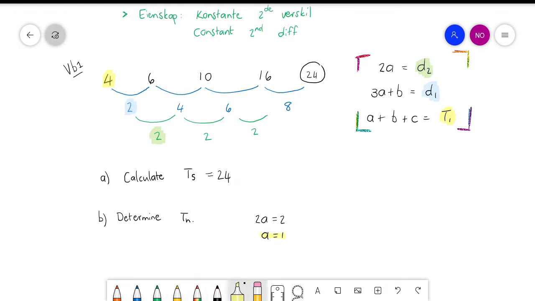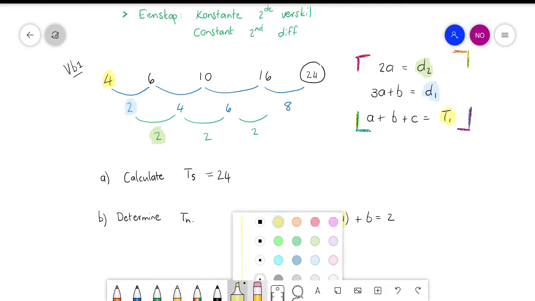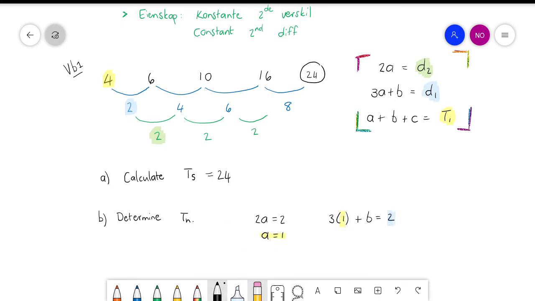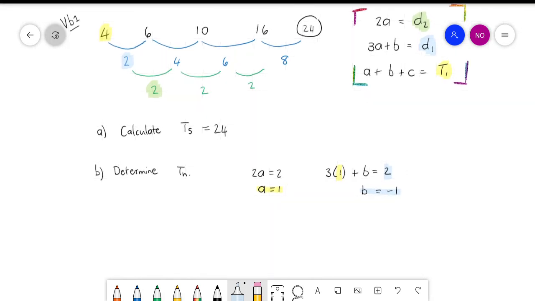Okay, kry julle ook A is gelyk aan 1. Then I'm going to say 3 times 1 plus B is equal to 2. Okay? So B is equal to negative 1. Almal by? And then you're going to say A plus B plus C is equal to 4.